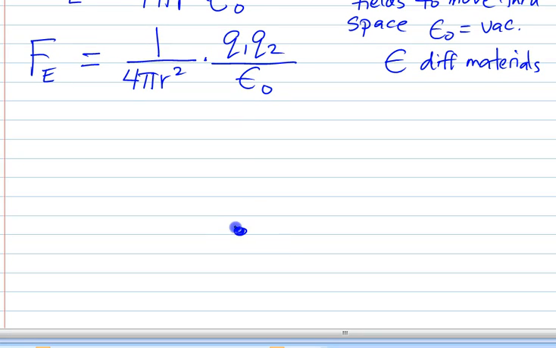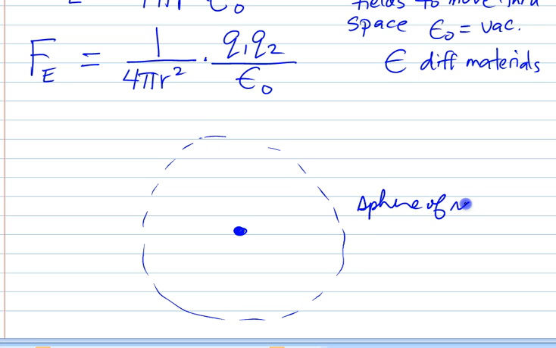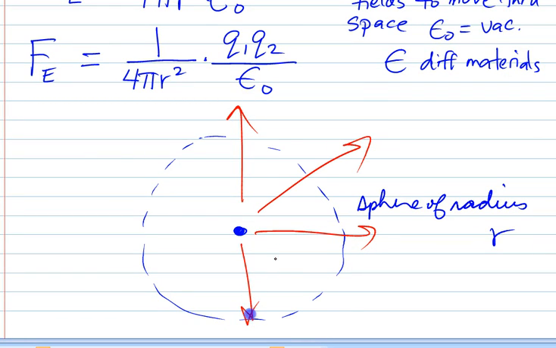Here's my charge, and surrounding it is a sphere, okay? So this is a sphere of radius r. Okay, so what is the electric field doing? Well, we just saw it's going out in every which way. I can't make it 3D, but you get the idea, okay?